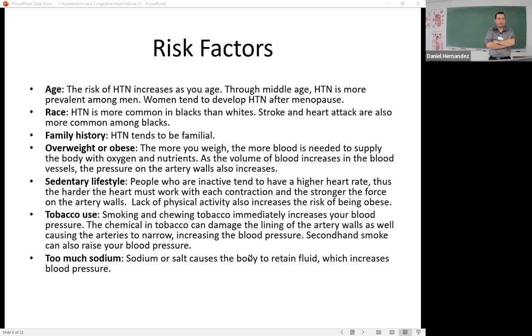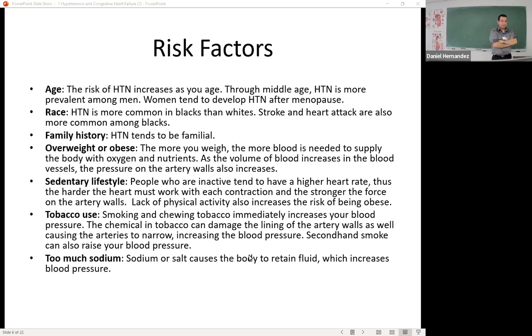The African-American population tends to run a higher risk of developing hypertension than Caucasians. This also leads to increased incidences of stroke and heart attack within those communities as well. So depending on the population that you're serving in your clinical practice, just be cognizant of that.